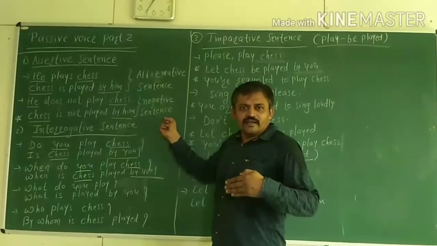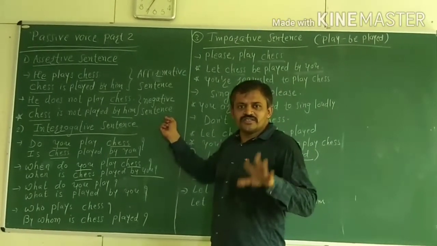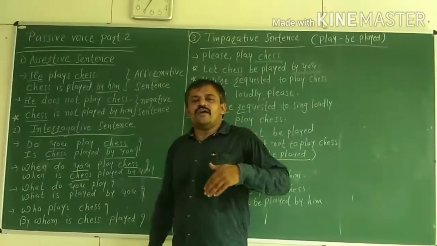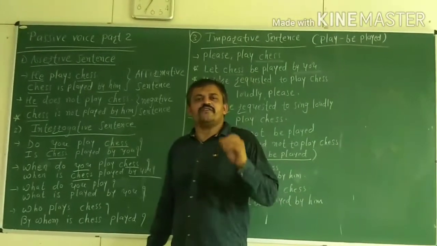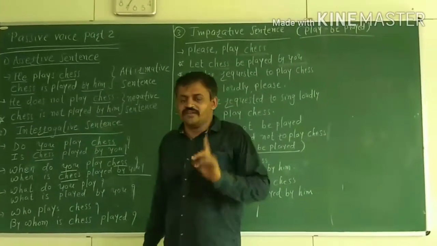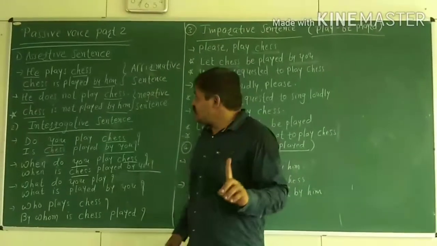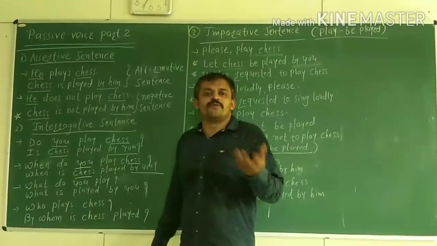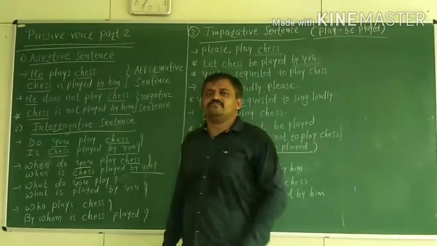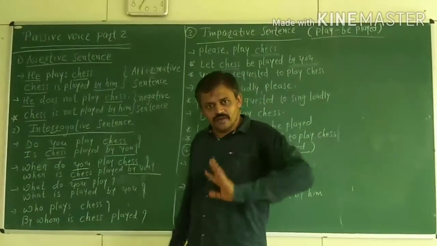How do we turn the active voice into passive voice? I have told you in the previous video that we have to do 2 types of change while turning the active voice into the passive voice. The first is change of pronoun, meaning replacement of the subject and object, and the other is change in the verb.